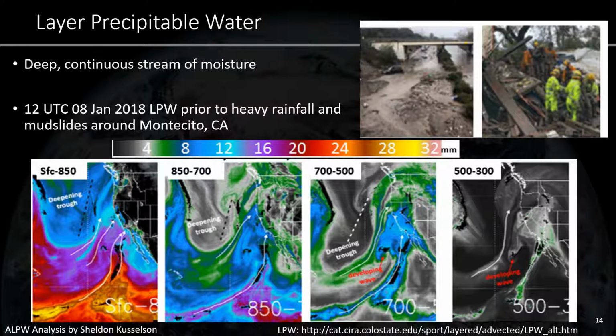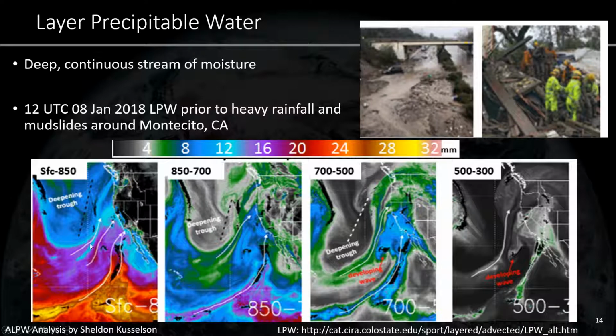From that, you might look at some of your PW products. GOES has your TPW, but I think even more valuable is your blended polar precipitable water products, such as the layer PW. I think this might be available upon request in AWIPS, but it's also available online. Probably if you just Google layer PW, I'm sure you'll get to the link, or you could ask for the link.